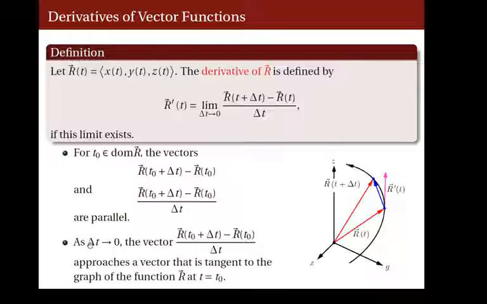So in other words, as delta t tends to 0, the vector R evaluated at t0 plus delta t minus R of t0 divided by delta t, which is parallel to this blue vector here, approaches a vector that is tangent to the graph of the function R at t equals t0, which is this pink vector here.